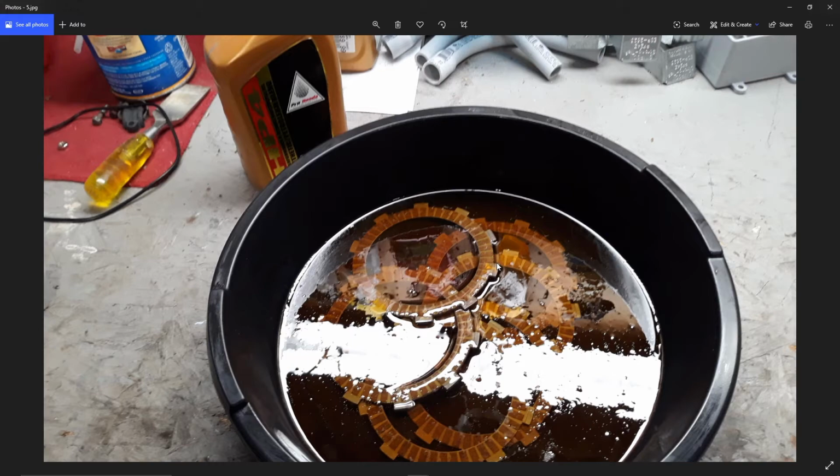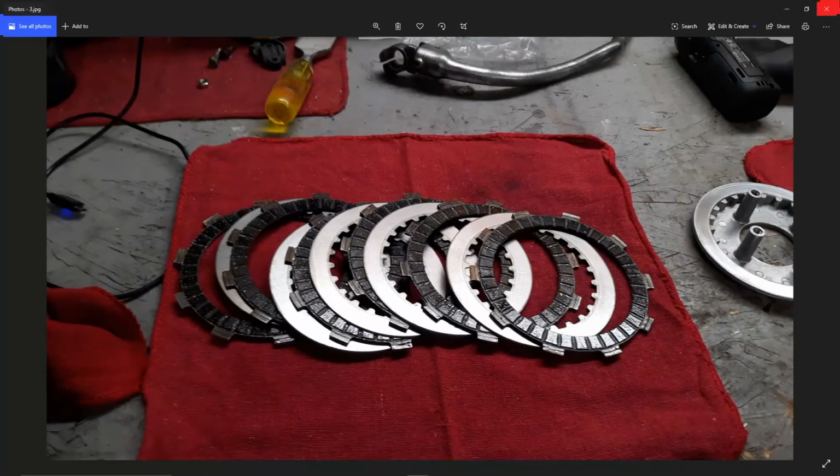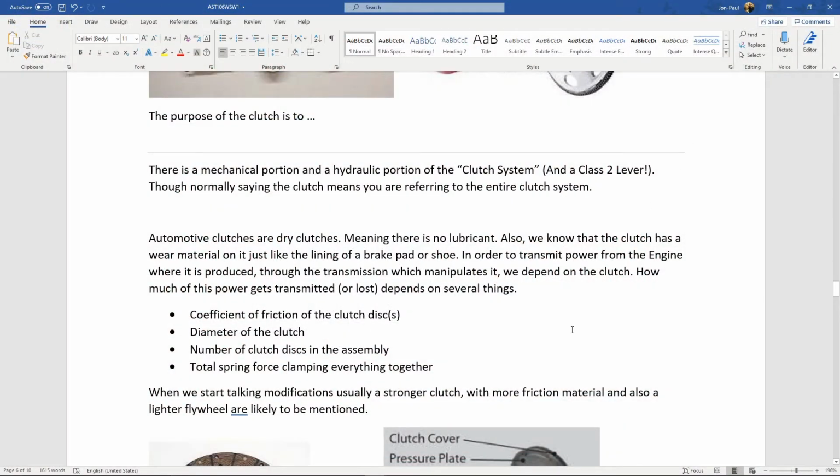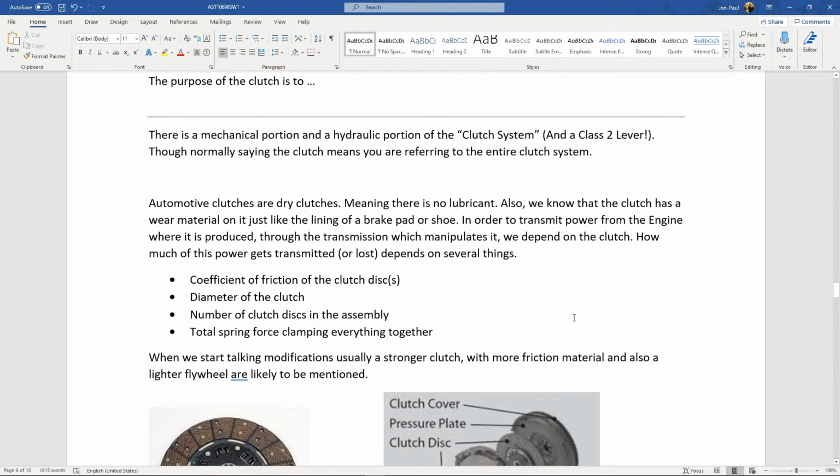See, we got some spices and herbs, and really it's just make sure that you get your wet clutches wet for at least the night before you go to install them. Otherwise they could burn up prematurely, and that would suck. So, tips from life. Not that I've ever done that. Anyway.